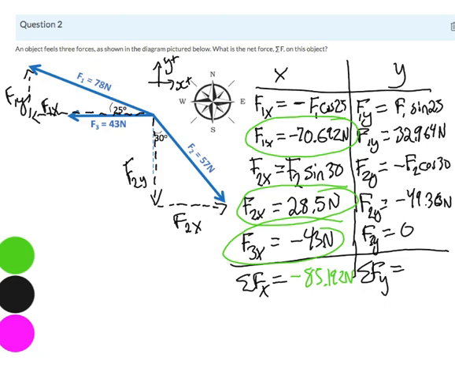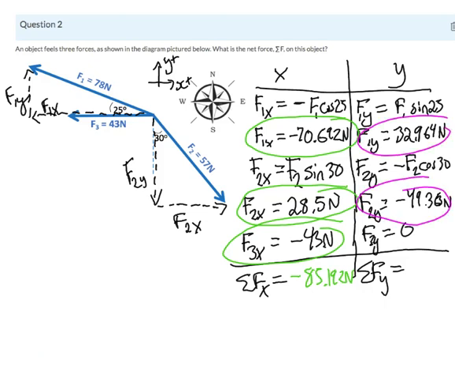And then in the y direction, you're going to want to add up F1y and F2y. F3y is 0, so that one's not to worry about. 32.964 plus negative 49.363 gives you negative 16.399 newtons.